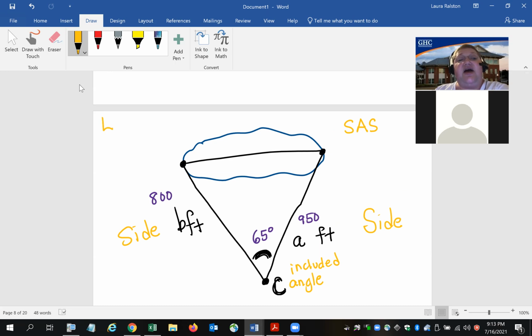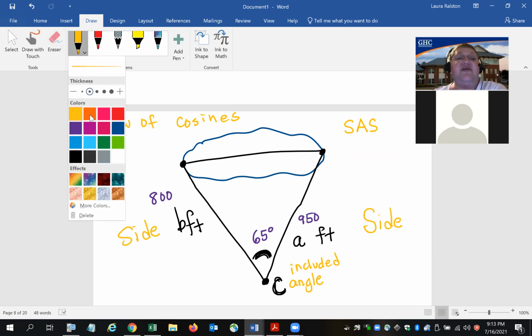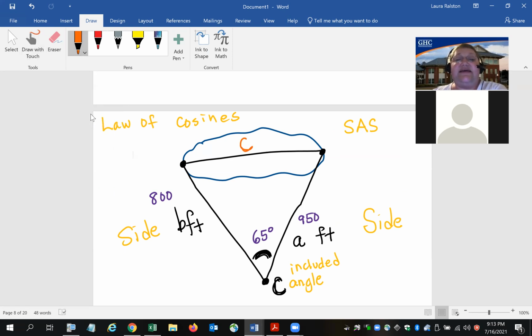So I have to know that if I have that scenario, I have to use law of cosines, because I don't have enough information to complete the law of sines, and I'm actually looking for side C. This is what I want to know, because I want to know how far it is across the lake.